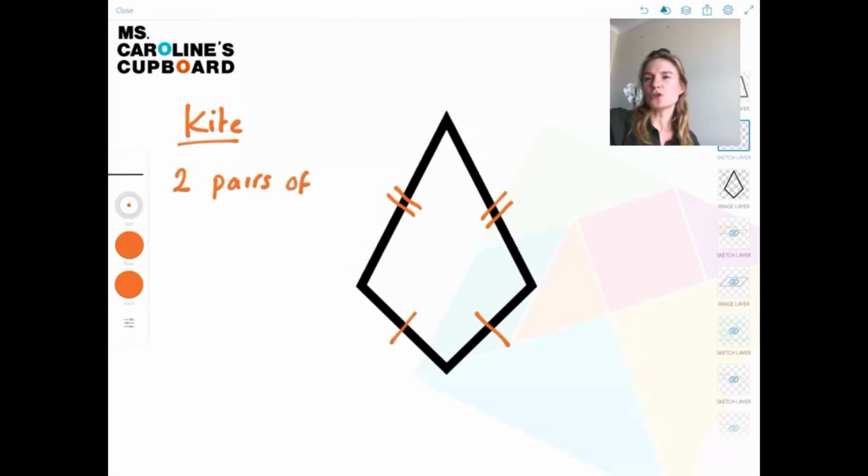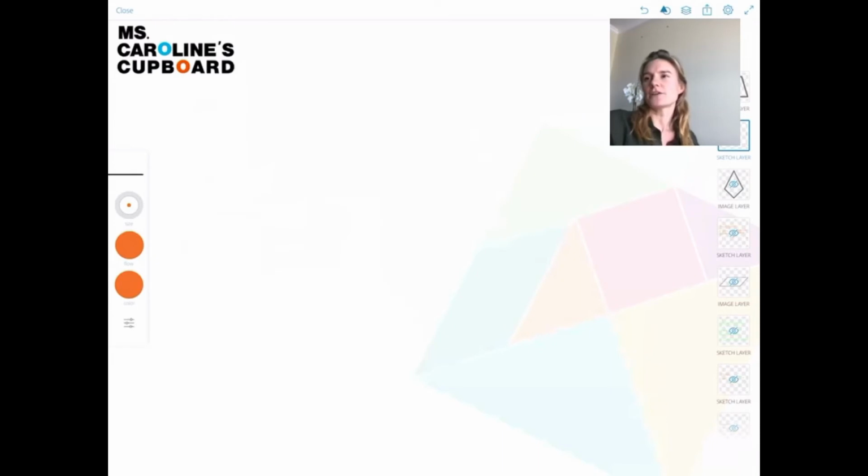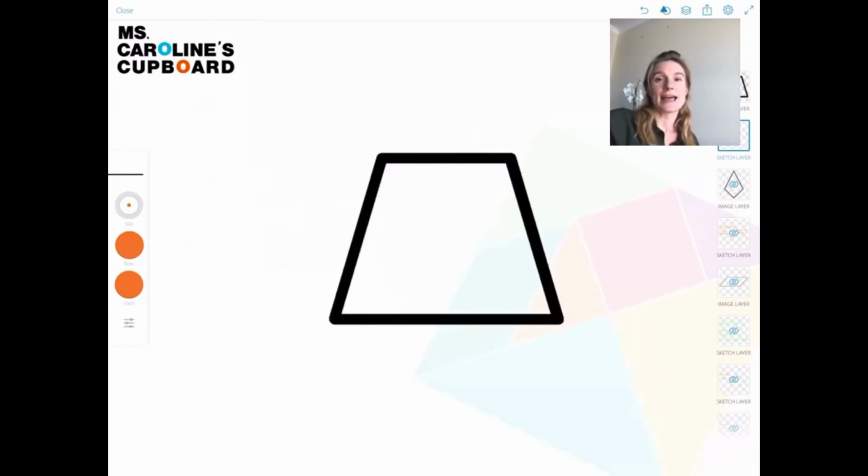So it's got two pairs of adjacent sides. Two pairs of adjacent sides are the same length. So those top two are the same length and the bottom two are the same length. So that's how we know that it's a kite. Well done, girls. All right, let's move on.